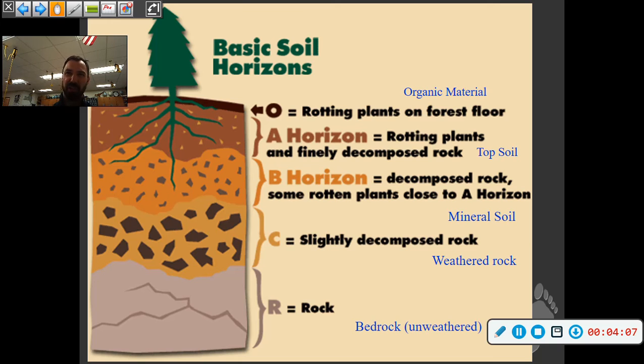That's where the soil starts getting a little worse. If you keep digging, you'll end up with the weathered rock that starts hitting your shovel. That's called the C horizon. And lastly, on Long Island we don't have this layer, but if you were upstate New York, you'd eventually hit bedrock. Bedrock is unweathered, solid rock, and can be at certain depths below the surface depending on where you are. Long Island is a big glacial deposit, so you're not going to see that unweathered bedrock.